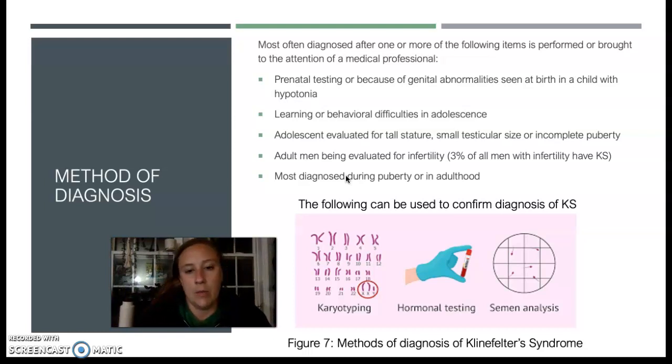And a lot of times the adult men that are being evaluated for infertility will go under a semen analysis and hormonal testing to see if that is concurrent with Klinefelter syndrome, and then they could do a karyotype to really put the nail in the coffin on that one. So the karyotyping is really the only way to definitively diagnose Klinefelter syndrome, since it is a chromosomal abnormality.